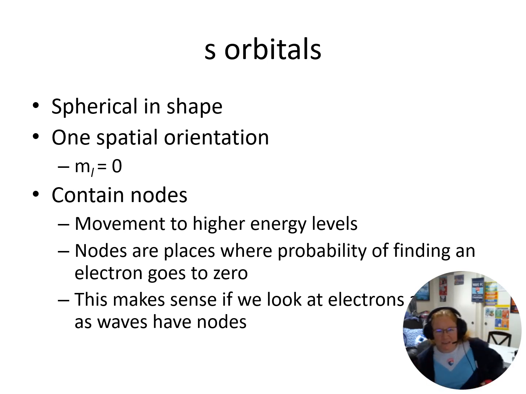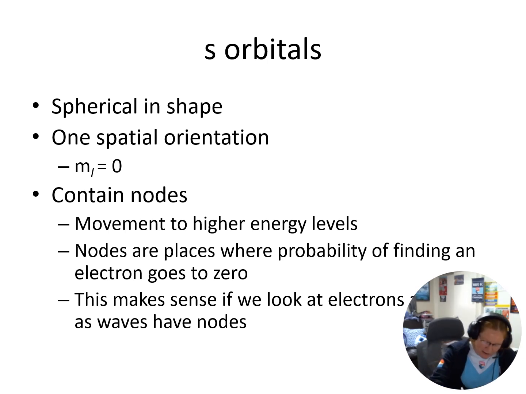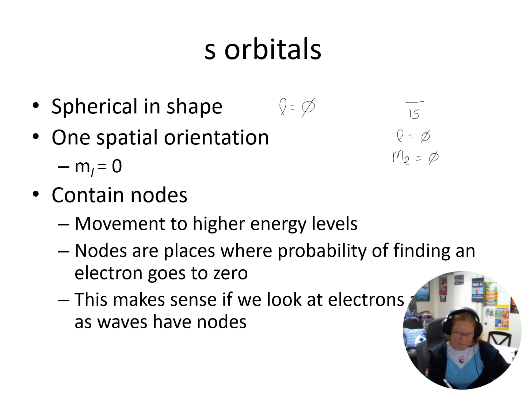We can only get an m sub l equals 0 because for our s orbital, l equals 0. So when I look at my 1s, l equals 0, m sub l also equals 0.